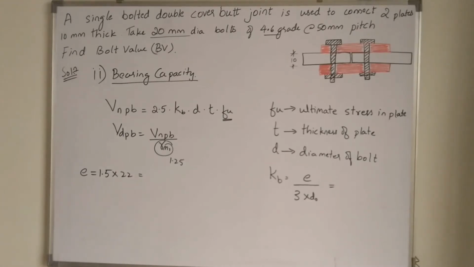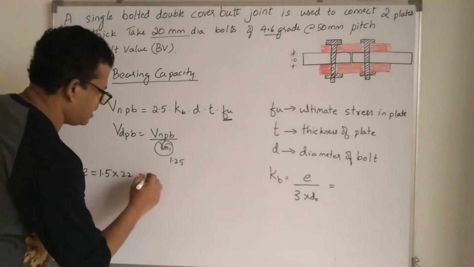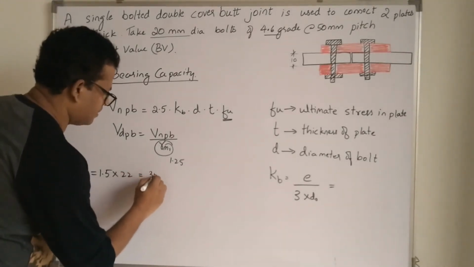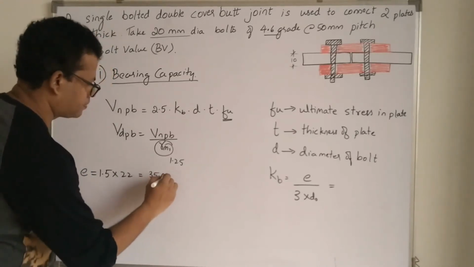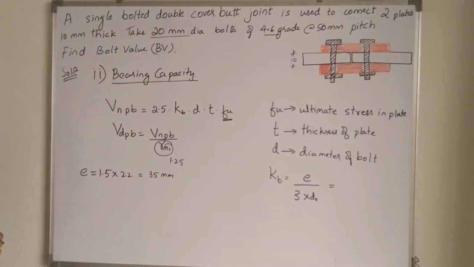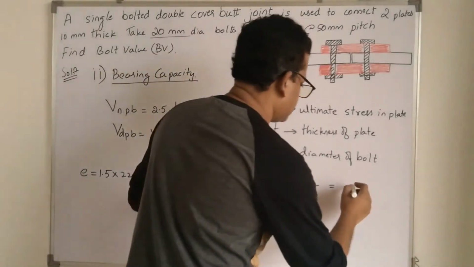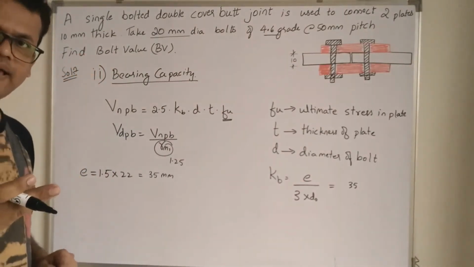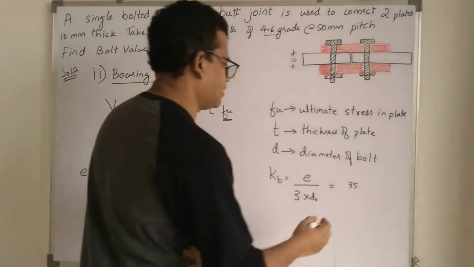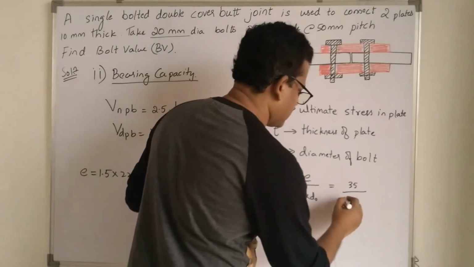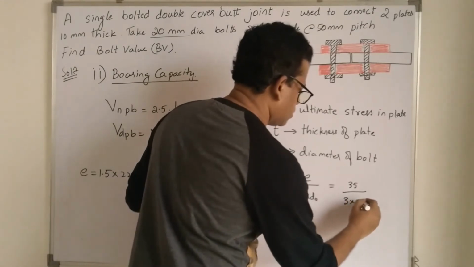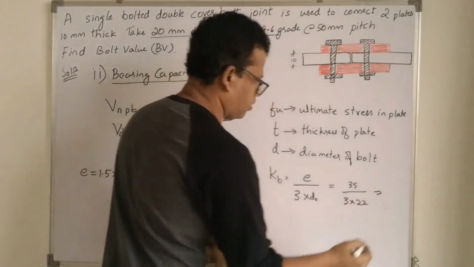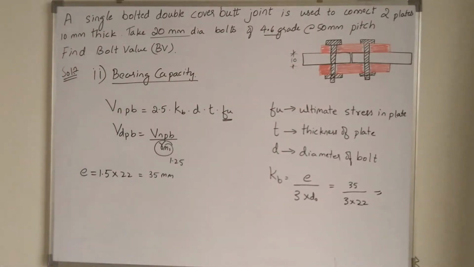33 mm. So let me take the value as maybe 35 mm. Okay, so the value of E we know. E here is 35, the minimum is 33, so I can take a little higher value. So this divided by 3 into 22, how much is this? 35 divided by how much?